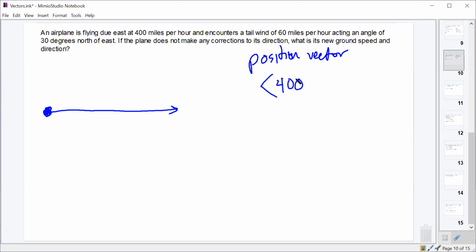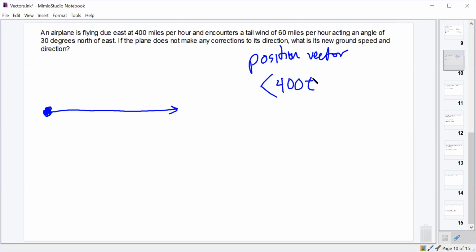If I've gone for 1 hour, how far have I gone in this plane? 400 miles. If I've gone for 2 hours, how far have I gone? 800 miles. If I've gone for 10 hours, how far have I gone? 4,000 miles. So what is the x component of this position here? It's 400 times what? Yeah, I'm gonna use t for time, but yeah, 400t is the x component.